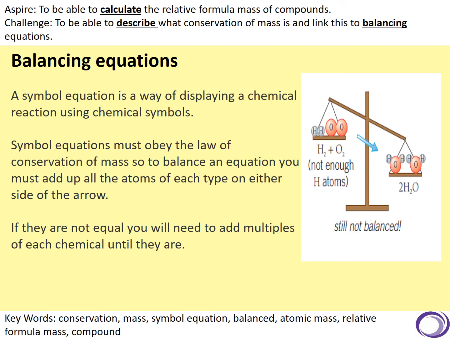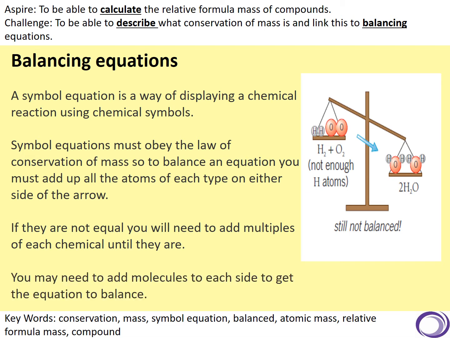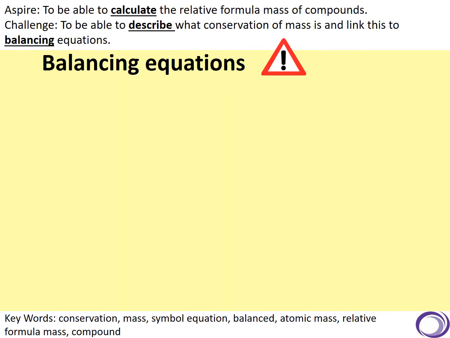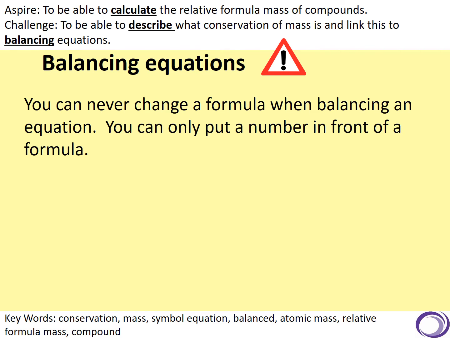So we might have to then look at the other side because we actually need 4 hydrogen atoms on the other side to give us our 2 water molecules. So therefore, we would have to start off with 2 molecules of hydrogen, in other words 4 hydrogen atoms, in order to balance that. So it's quite often a process of working through and doing things to both sides of our equation.